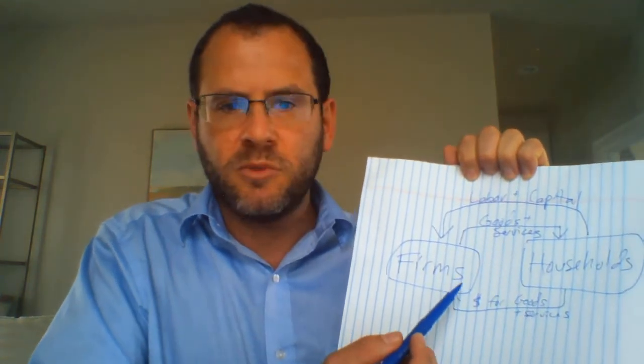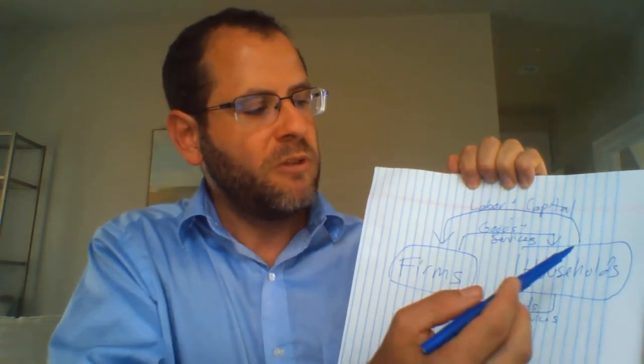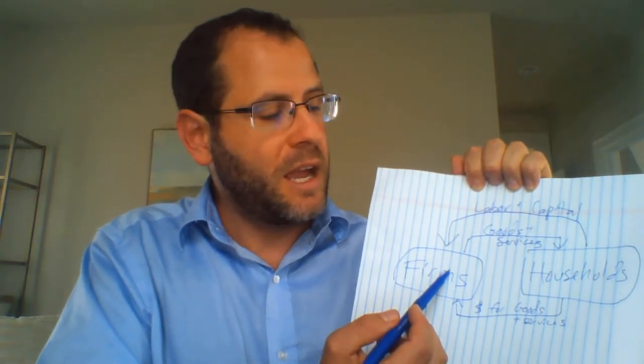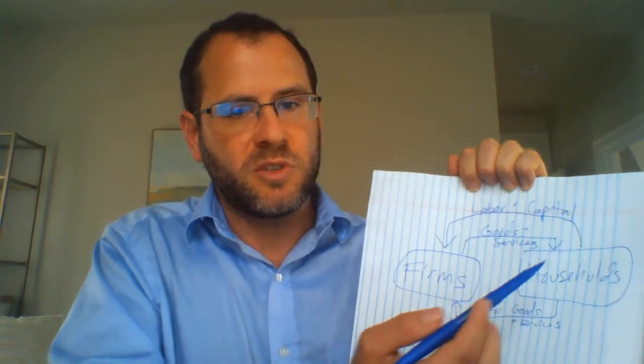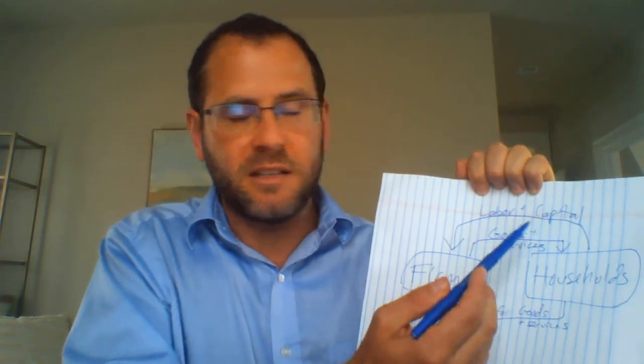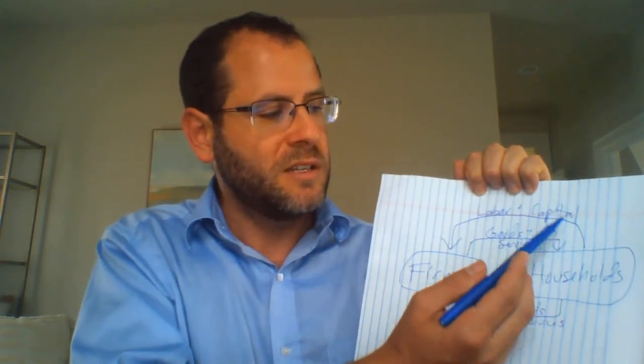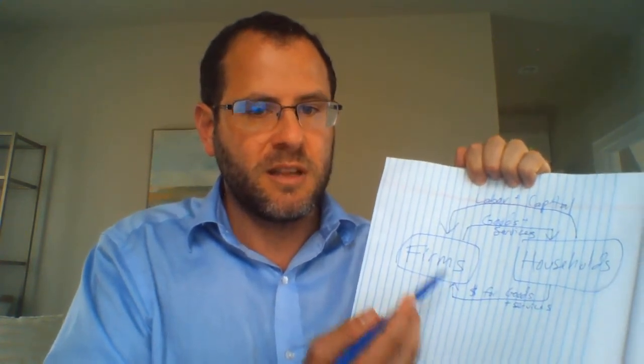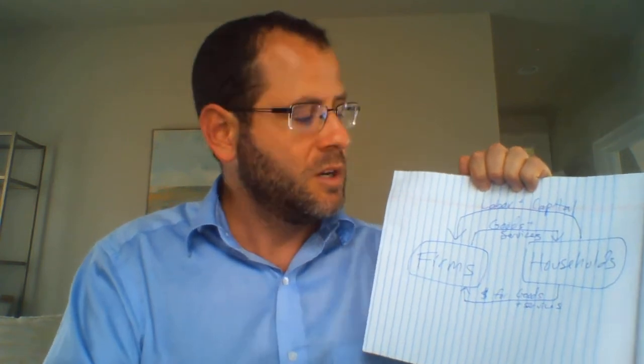Households are paying the firms for those goods and services, but we've also got households who are working and supplying labor to those firms, also investing money in stocks or other things, maybe putting money in the bank, and the bank is giving it to the firm to use as an investment that they use as part of their production.